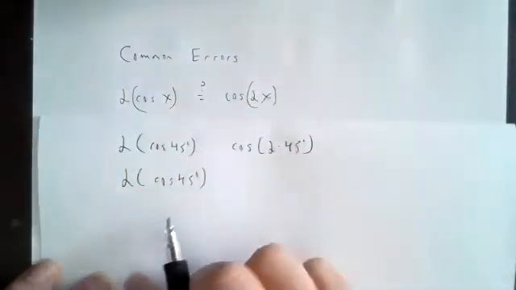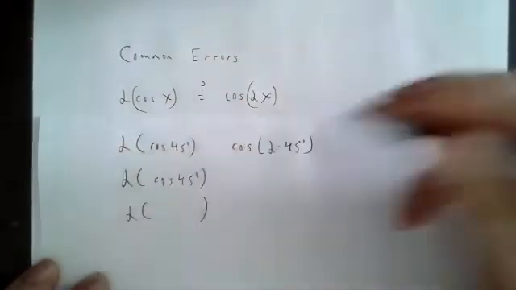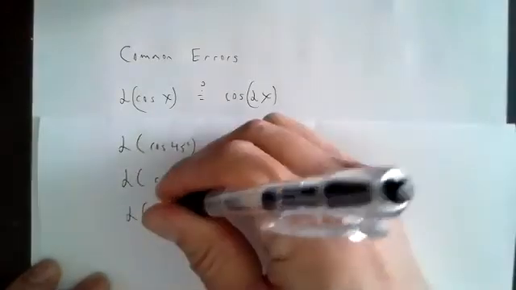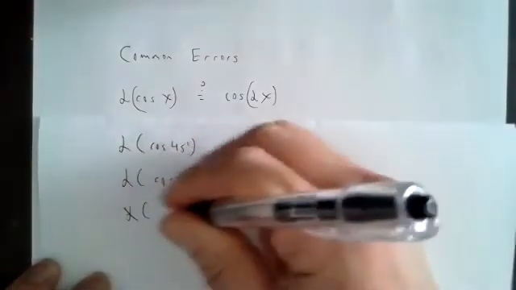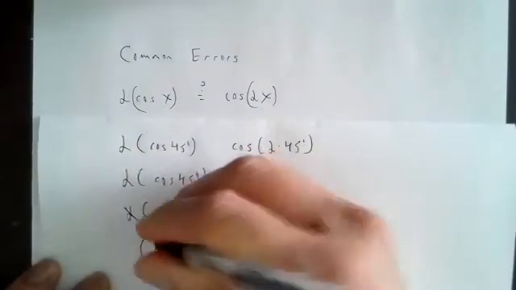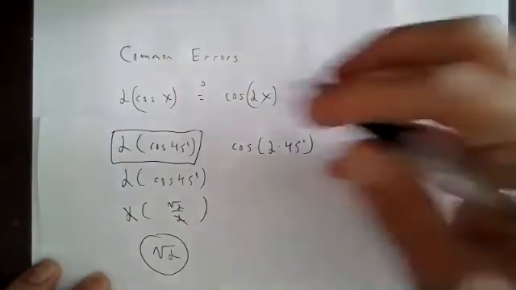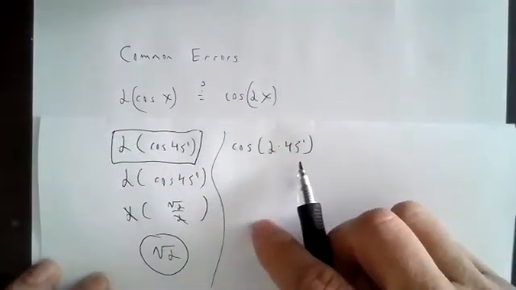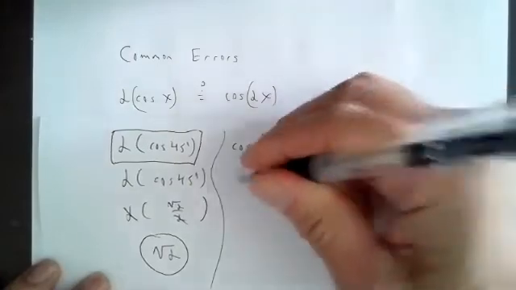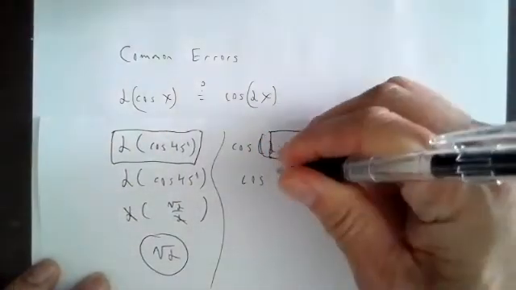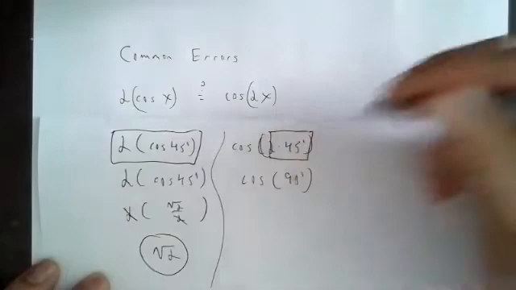Well, actually, I guess you can a little bit because we do know the cosine of 45 degrees turns out to be root 2 over 2, right? And then these two would cancel and you just get root 2 as your final answer. That's if we start with that. However, if we start with this, you would actually multiply these two together first, and 2 times 45 is 90 degrees.